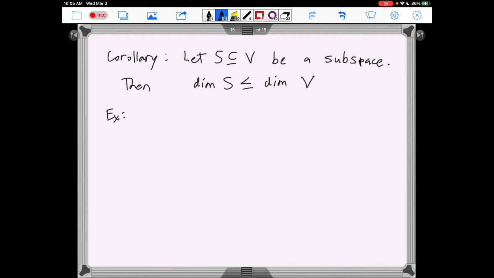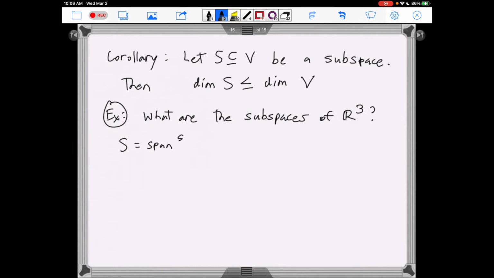So, as an example, what are the subspaces of R3? Let's think of the different subspaces. First, we could look at the span of the zero vector, which is just the zero vector.